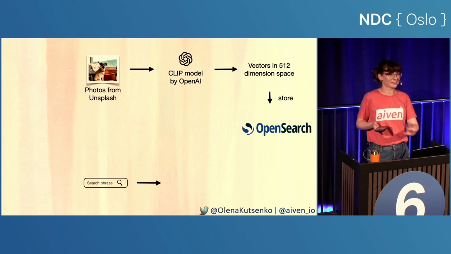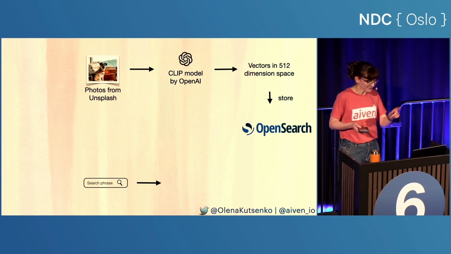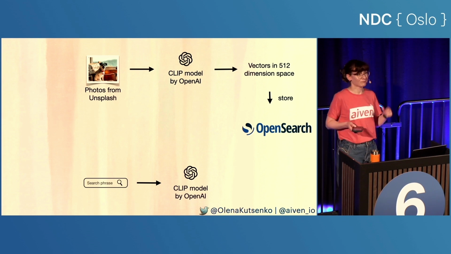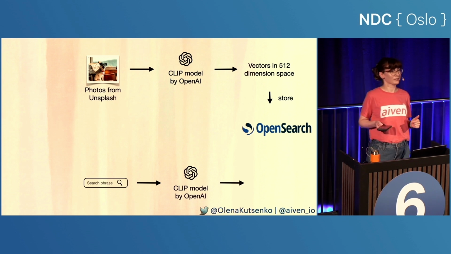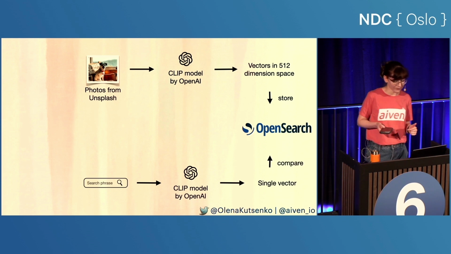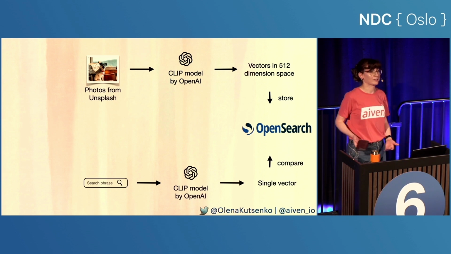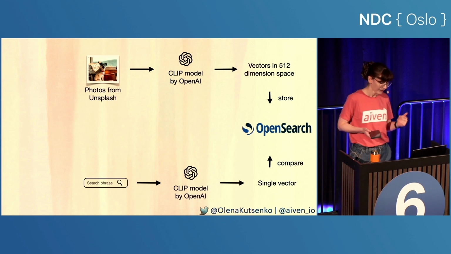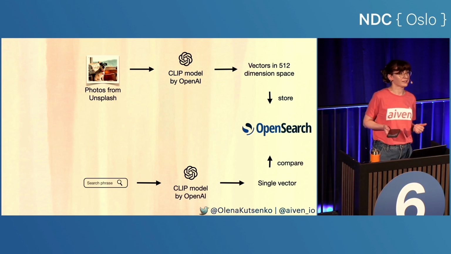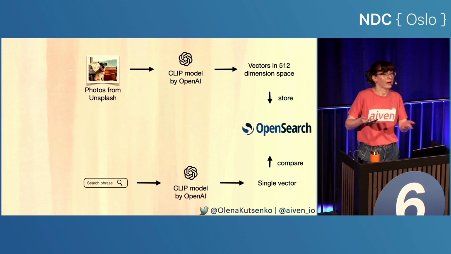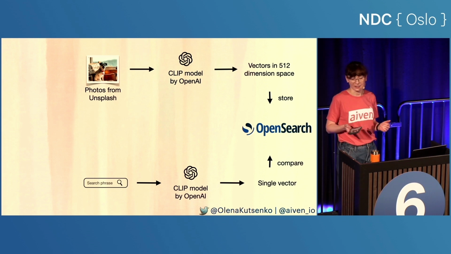So it works in the same way. You take a search phrase, we use the same model, we convert the search phrase into a vector, and then we compare that vector to the rest of the vectors, to the rest of the images. And that returns us the nearest values in the database.